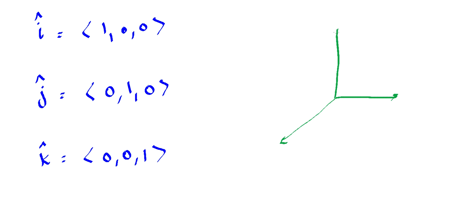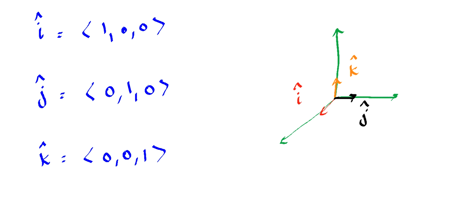So if this is the three-dimensional plane, this will be i. It has a magnitude of 1 and points in the positive x direction. This will be j, and this will be k.